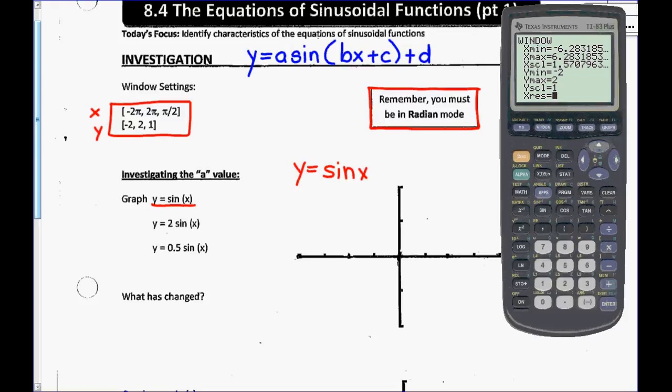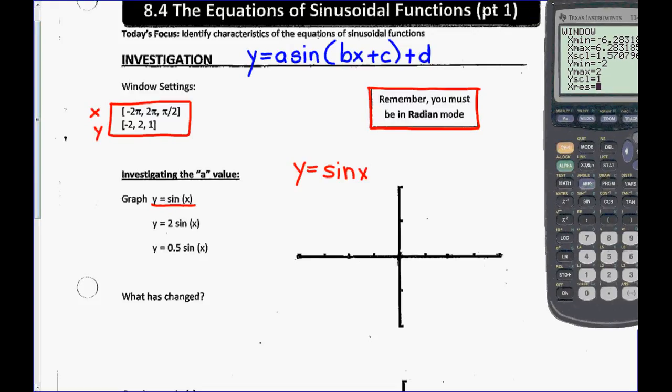And we learned last day that there are certain characteristics that are always the case for y equals sine x. It always will have a y-intercept at +1, a y-intercept at -1. Okay, it also has a period length of 2 pi.